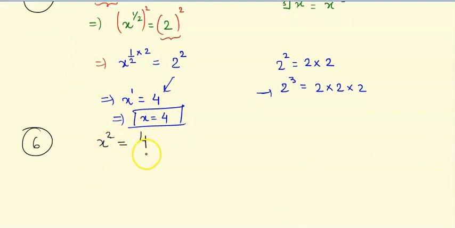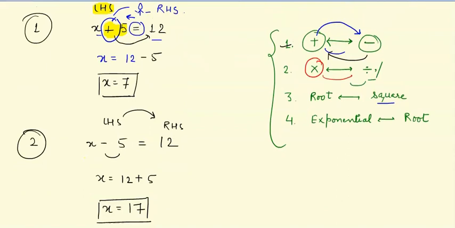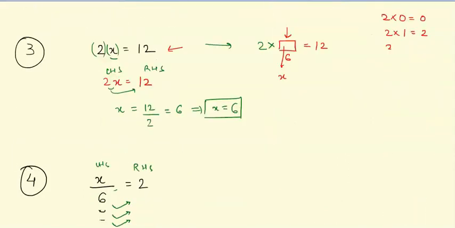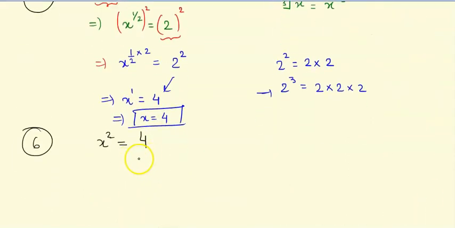Then again we have x square is equal to 4. By using these tricks or rules, I hope you can solve this by yourself.